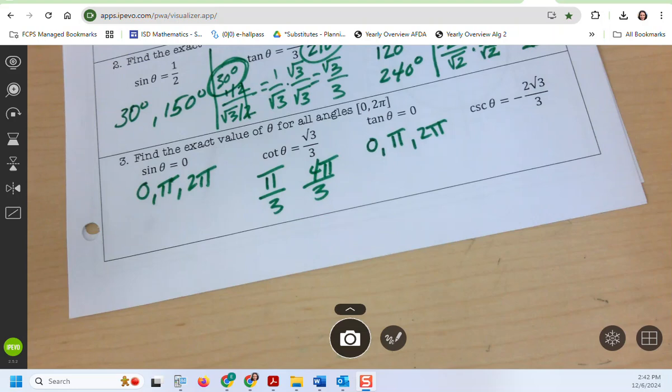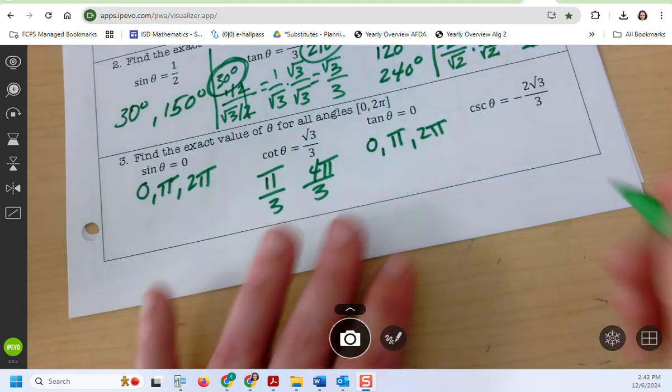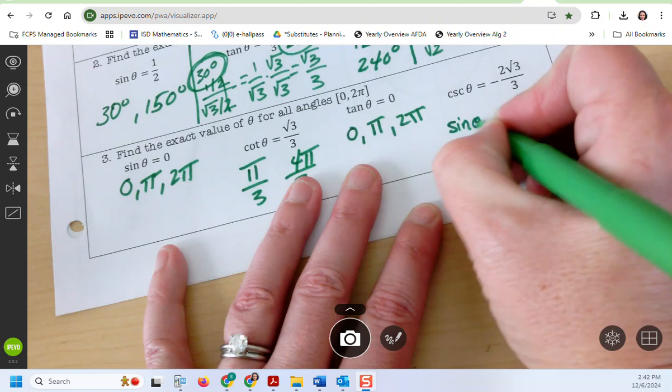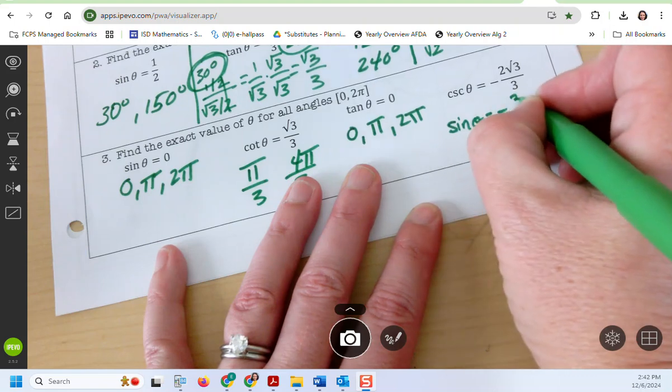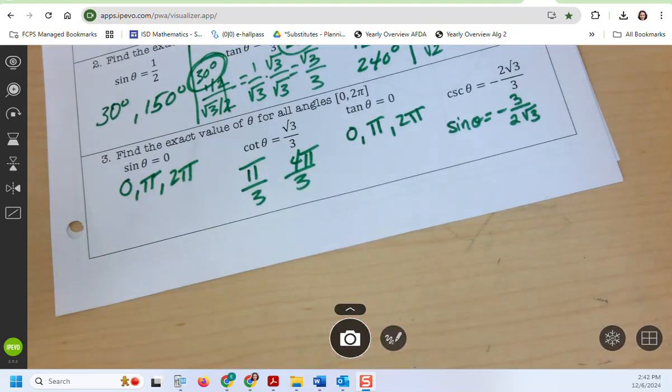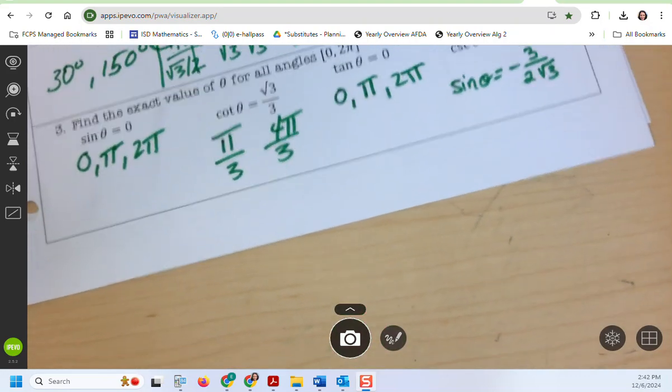All right, here's a strategy for the last one. They're telling you the cosecant. The cosecant's not on the circle, so let's do its reciprocal and find its sine. So if this is the cosecant, then the sine theta would be negative 3 over 2 root 3. When you rationalize your denominator, you only have to rationalize the part that's in the radical.